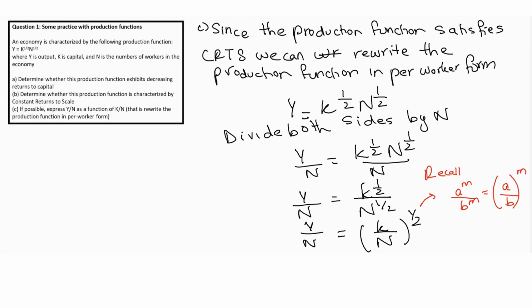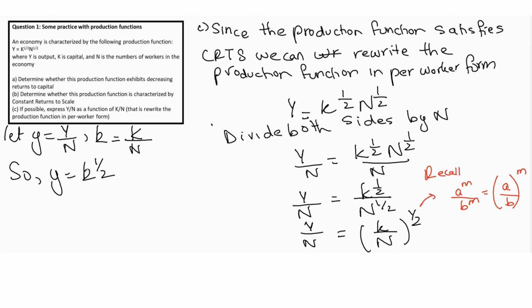Now let's just do some notation. We can define small y to be output per worker and small k to be capital per worker. So then we have small y, which is output per worker, is equal to small k power 1/2.